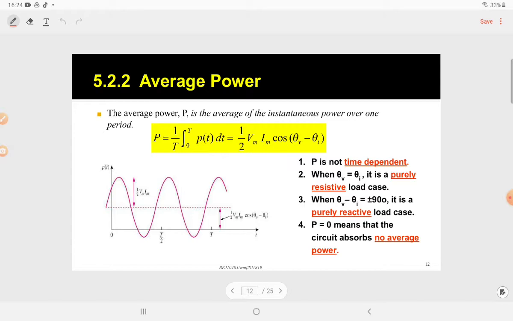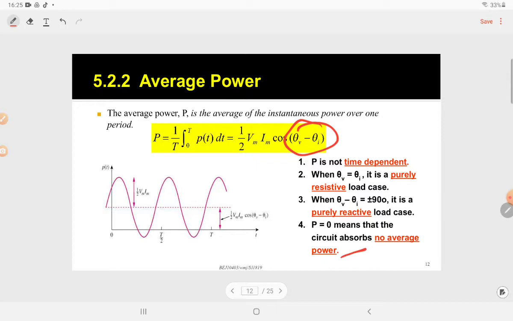But when the value of theta v minus theta i is plus or minus 90 degrees, we can say that it is a purely reactive load. But if P equals 0, that means the circuit absorbs no average power.